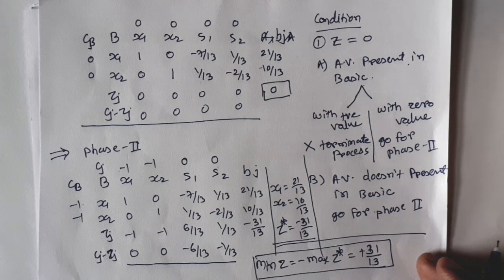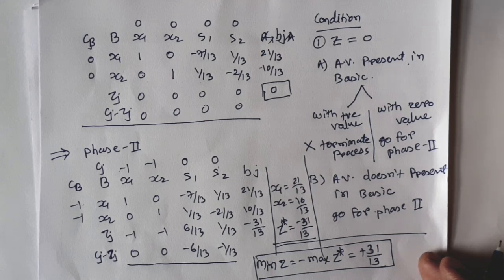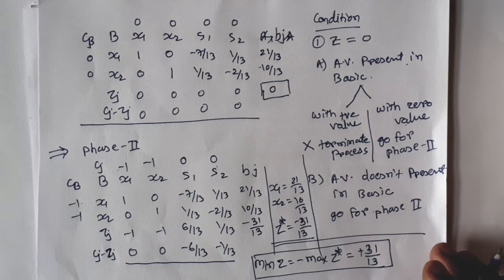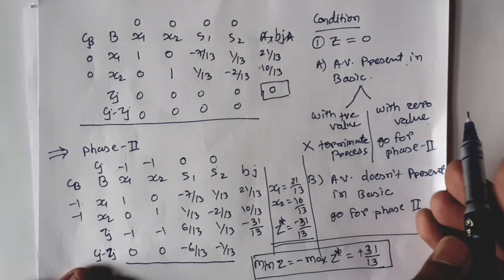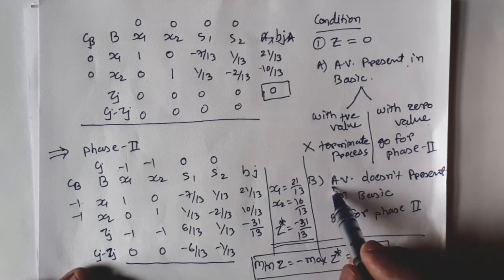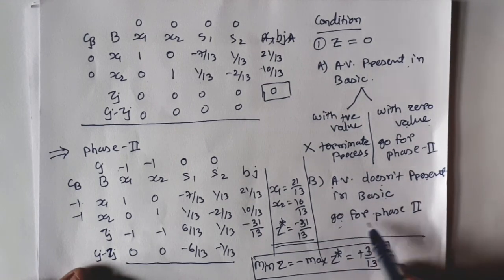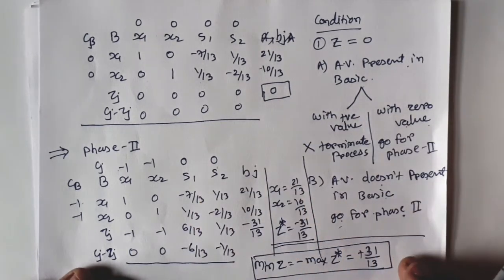After phase 1 we considered three conditions. If an artificial variable is present in the basis with a positive value, then the problem does not have any feasible solution, so terminate. If an artificial variable is present with zero value, then go for phase 2, and if no artificial variable is present in the basis, then go for phase 2 as the case may be.